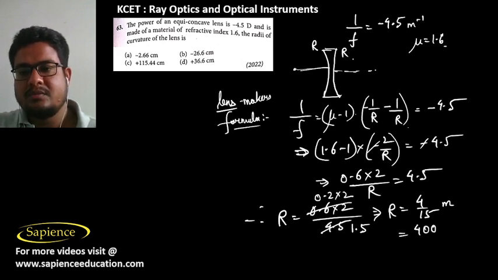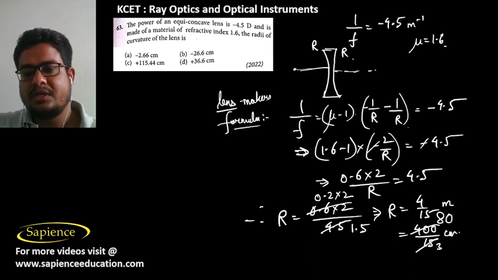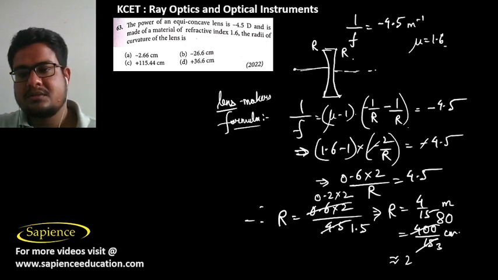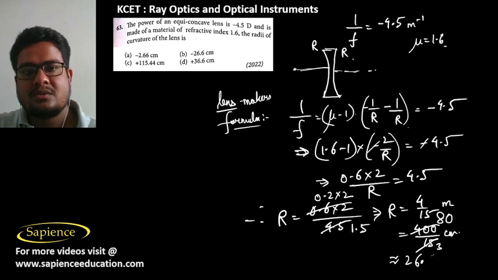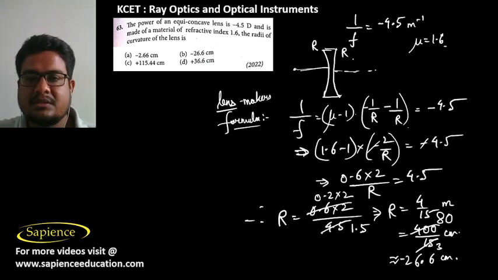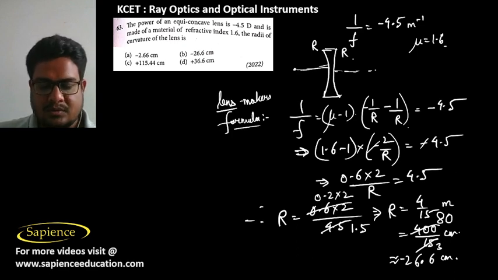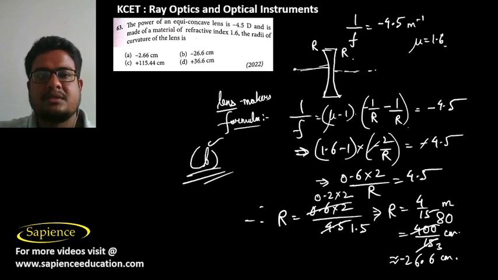So this would be 400 by 15 centimeters, that is 80 by 3, so it is approximately 26.6, and it is having a minus sign. So option B is the correct answer.